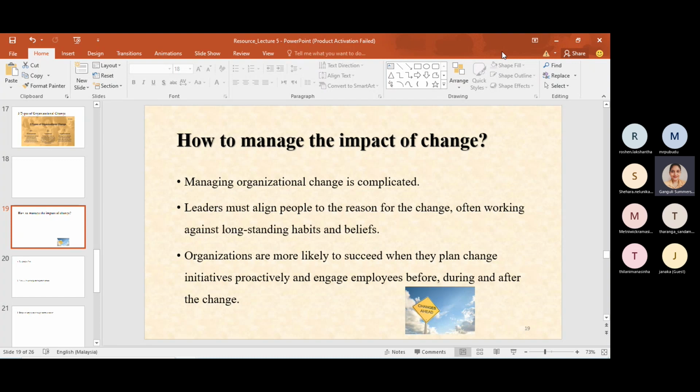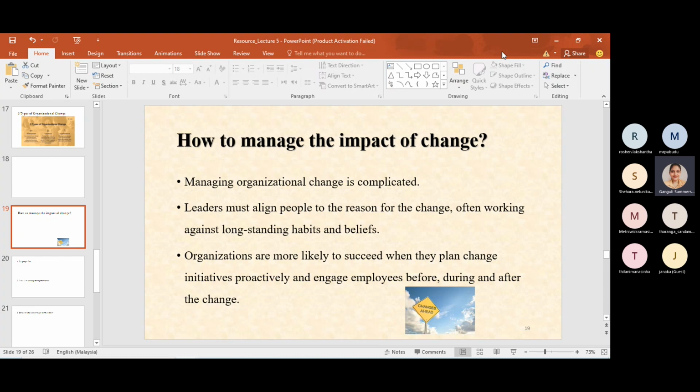So the leaders must communicate this reason to the people, so then people know why this change is happening. When people know the reason, it might make them feel less anxious, or they may worry less. Once they know the reason, it will sort of calm them down. So that is one thing that the leaders can do.